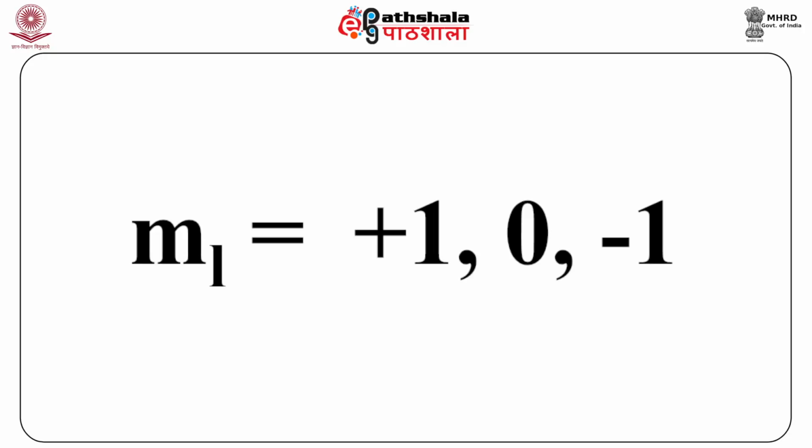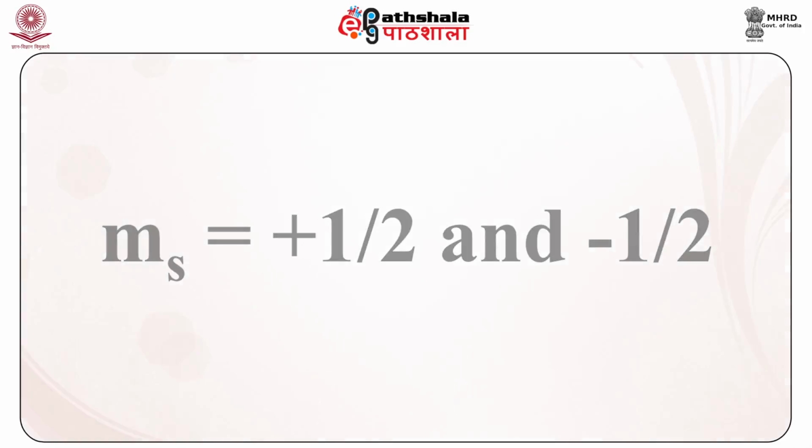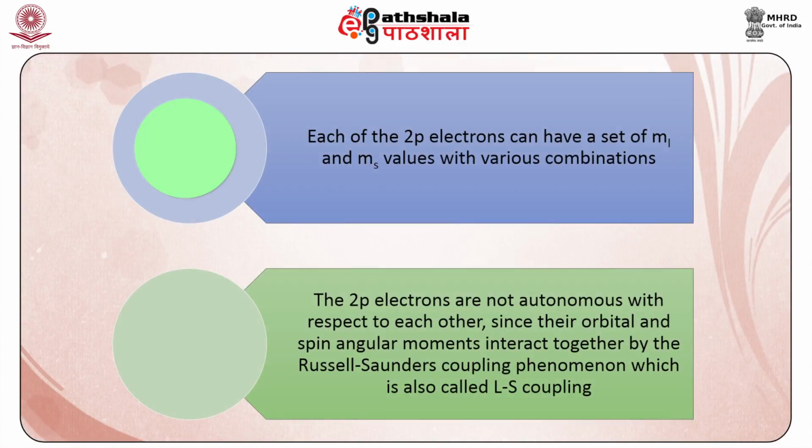Thus, ml should be equal to +1, 0 and -1. The spin quantum number can take up two values, where ms can be plus half or minus half. Each of the 2p electrons can have a set of ml and ms values with various combinations.